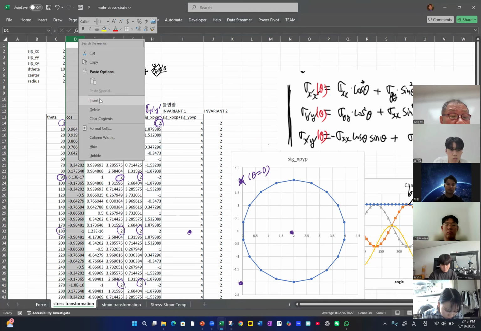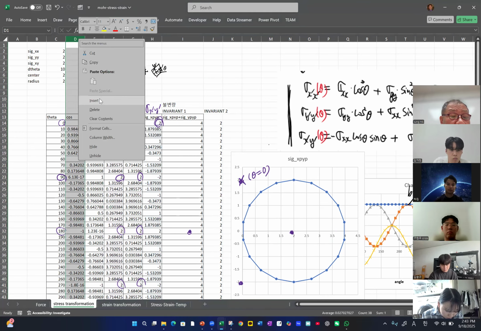Well, actually, what I'm trying to explain is the concept of the Mohr circle. See the sigma xx and sigma xy.